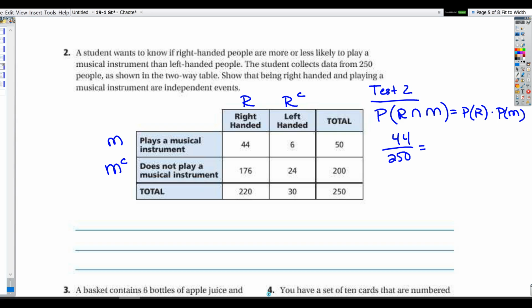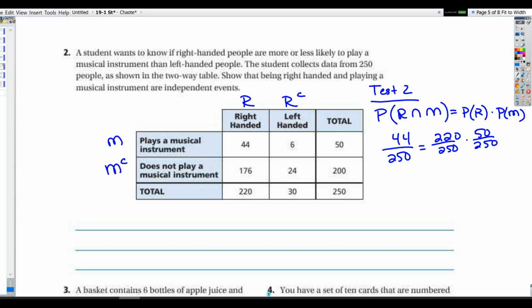Now, what's the probability to be right-handed? 220 out of 250. And what's the probability to play a musical instrument? 50 out of 250. Okay?